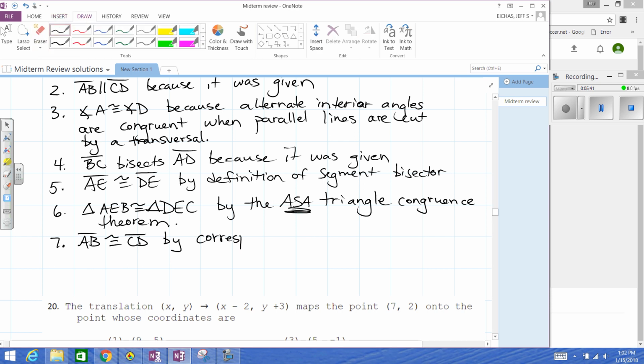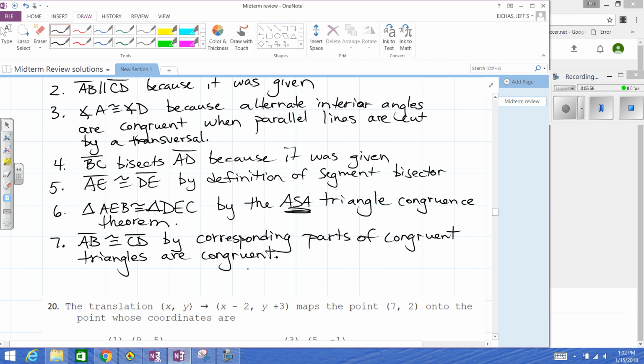Corresponding parts of congruent triangles are congruent. So there that is. Okay, and that's what we needed to finish with.